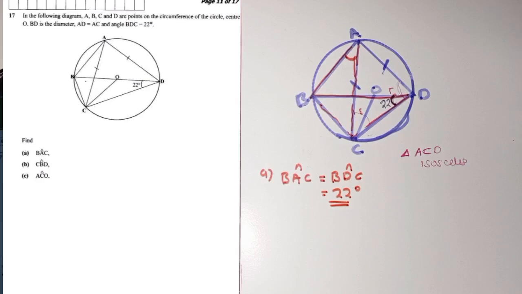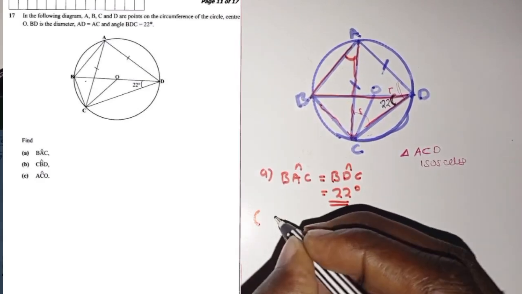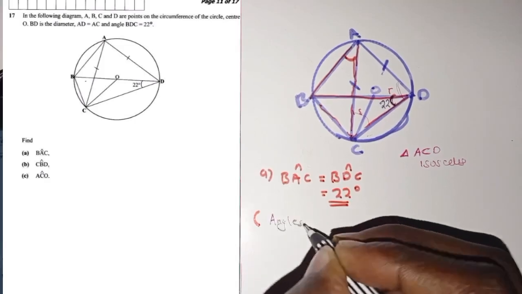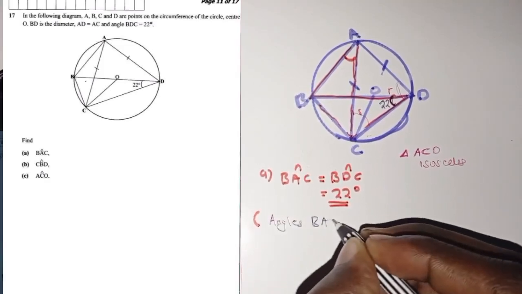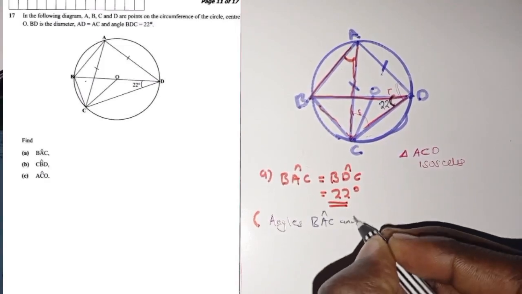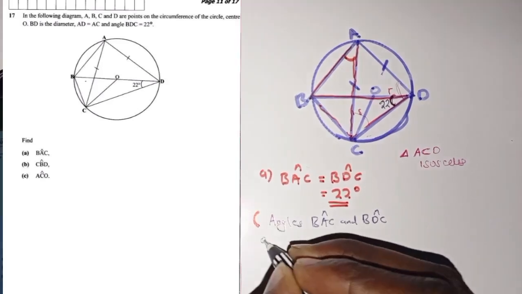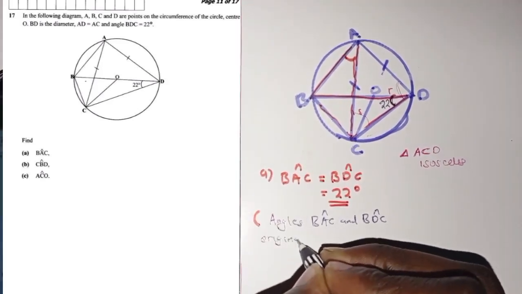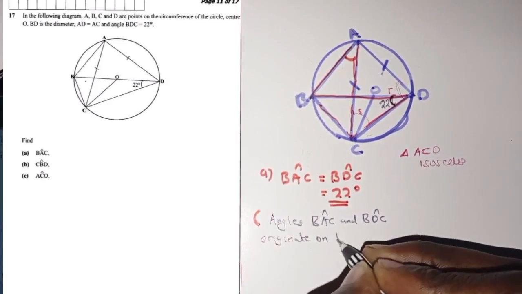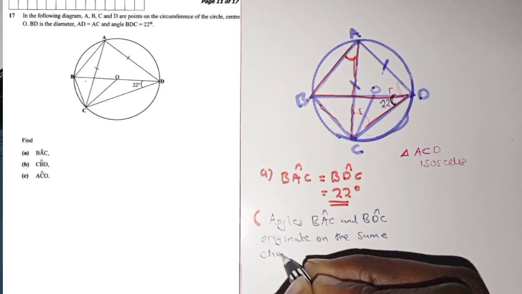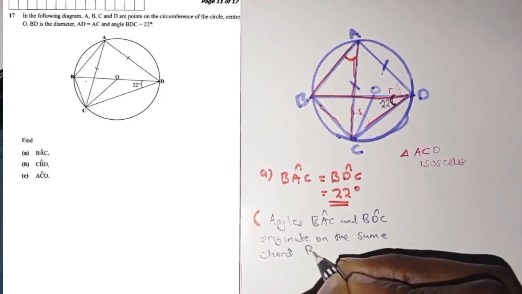And then you're also going to say that the property you are using is that angles BAC and BDC originate on the same chord BC.